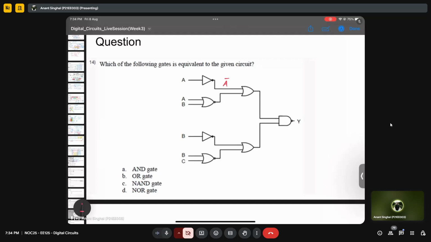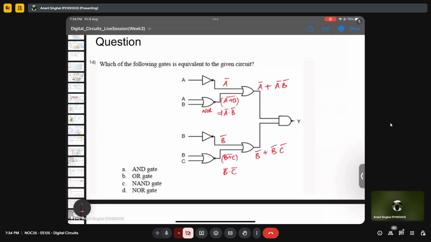This is A, B. This is a NOR gate, so this will be A plus B whole complement, and this is nothing but A complement B complement. Similarly, this is B complement. This is B plus C whole complement, which is B complement times C complement. Here I will get A complement plus A complement B complement. Here I will get B complement plus. Is it clear to everyone? These things?